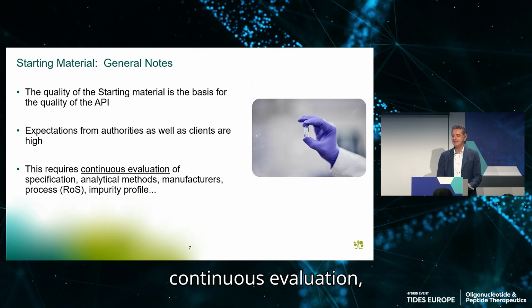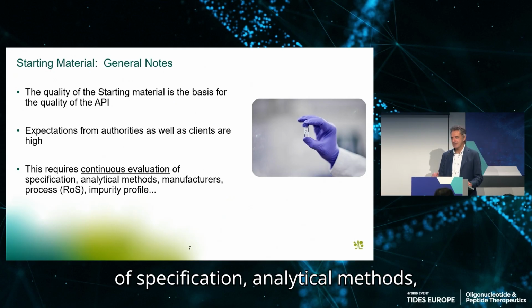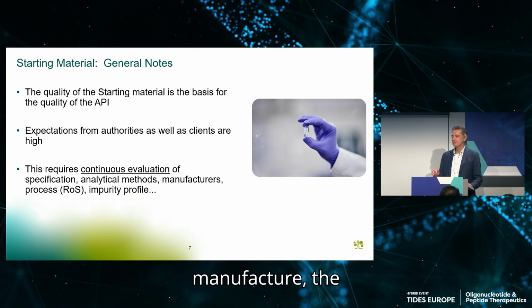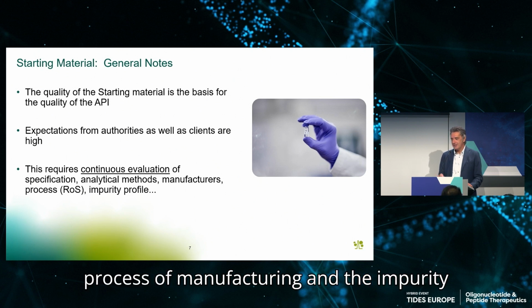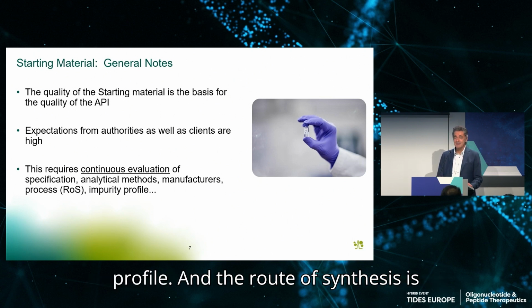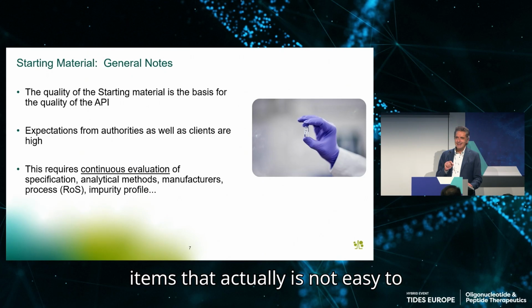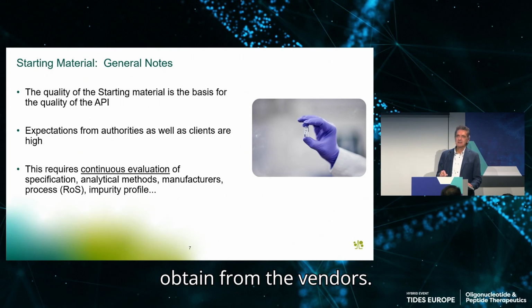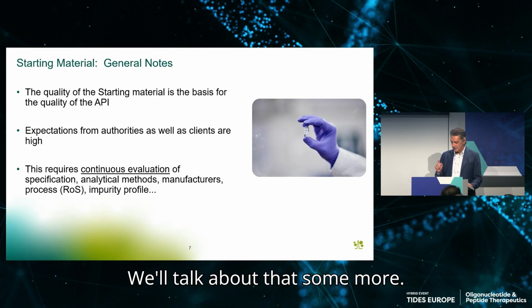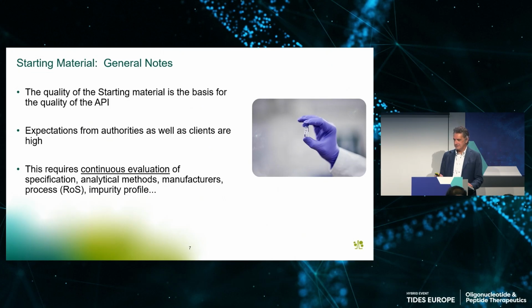So this requires continuous evaluation of specification, analytical methods, the process of manufacturing, and the impurity profile. And the route of synthesis is one of those items that is not easy to obtain from the vendors. We'll talk about that some more.